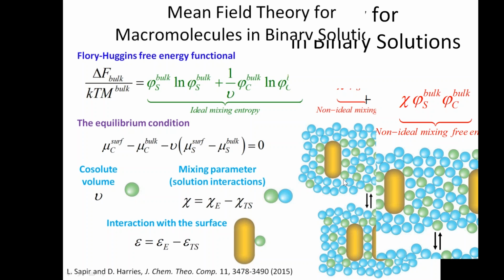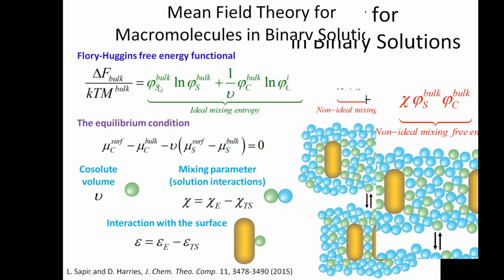And to follow the interaction of the two colloids in this binary mixture, we write down the free energy of the system, and we do so by using a regular solution theory called the Flory-Huggins free energy theory, which was originally used to describe protein mixtures or melts.